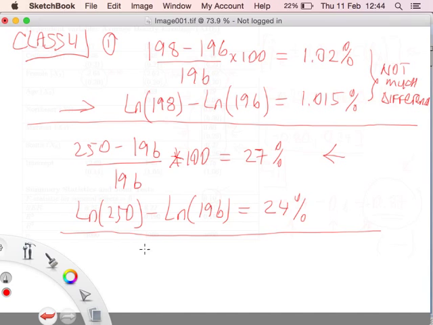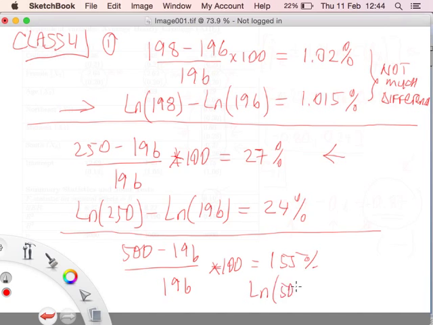And if you increase it to 500, it's even worse. You see, 500 minus 196 is a huge difference. This is about something like 5. So this is the thing. And if you do log approximation to growth, it's a very, very poor approximation.